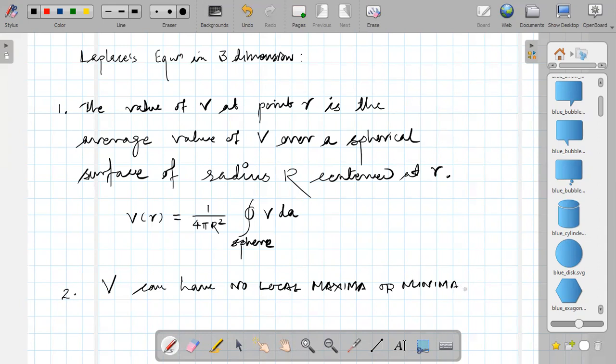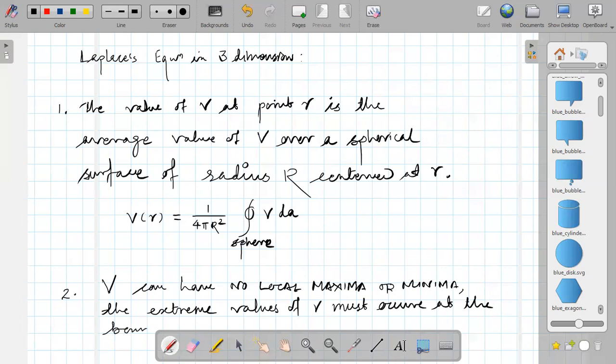The extreme values of V must occur at the boundaries. These are the properties of Laplace equation in the 3-dimension case.